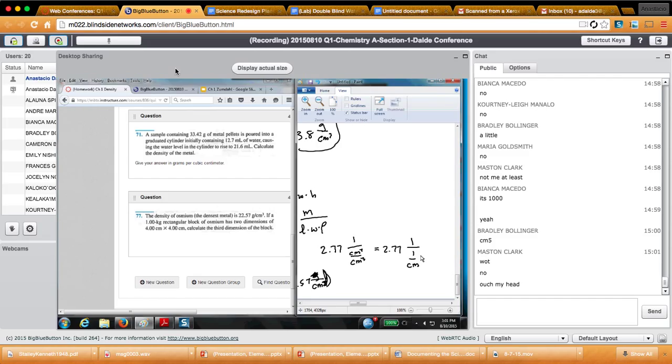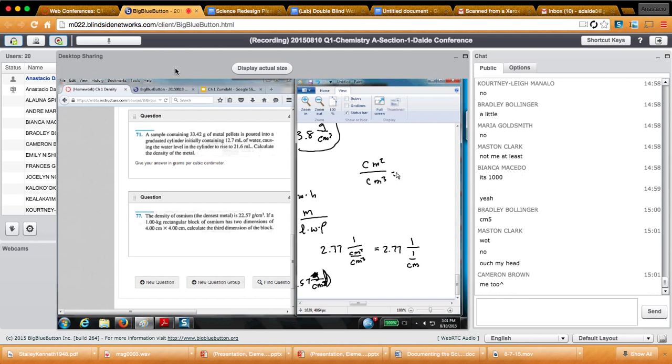I mean, think about it. Centimeters squared divided by centimeters cubed is equal to what? Is equal to 1 over centimeters, right? If there's two of them on top and 3 of them on the bottom, they cancel out. You're left with the 1 on the bottom. Are we cool with that? Does that make sense to you?